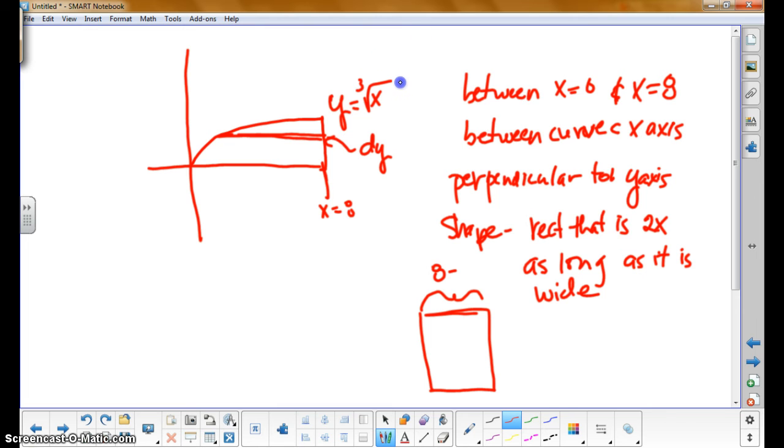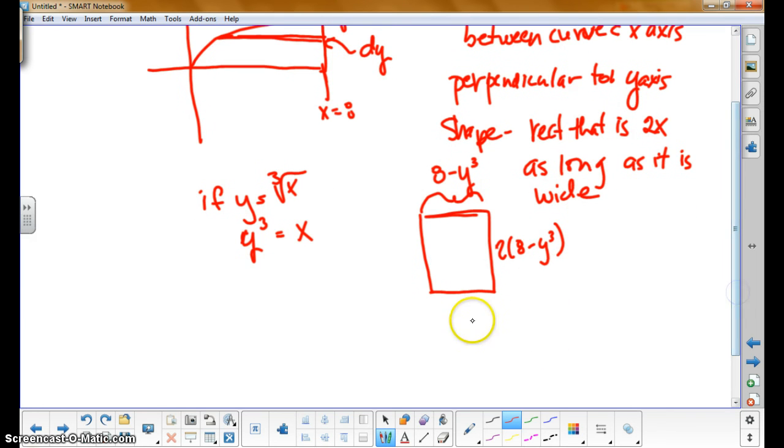So if y is equal to cube root of x, then y cubed is equal to x. So we're going to say it's going to go from here to here, but that is y cubed. And therefore the height of these things is 2 times 8 minus y cubed.